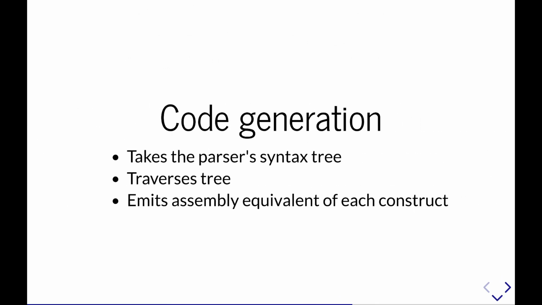The way we're going to use this is we're going to take this tree that we've created and recursively traverse it. And as we traverse the tree, we're going to generate our assembly code. And we'll see that by having this tree, it'll make it much, much easier and much more systematic to generate our code.